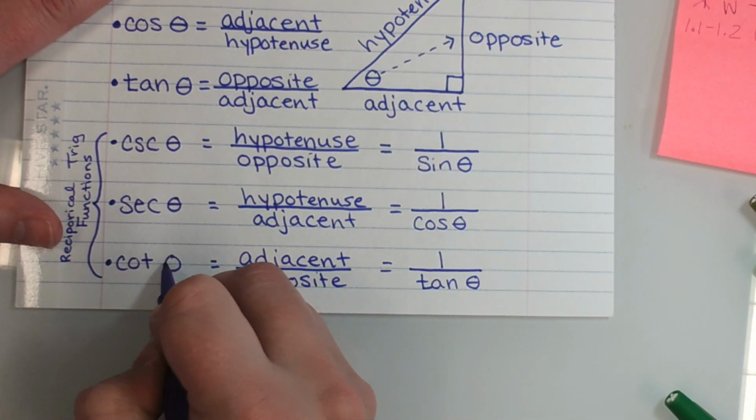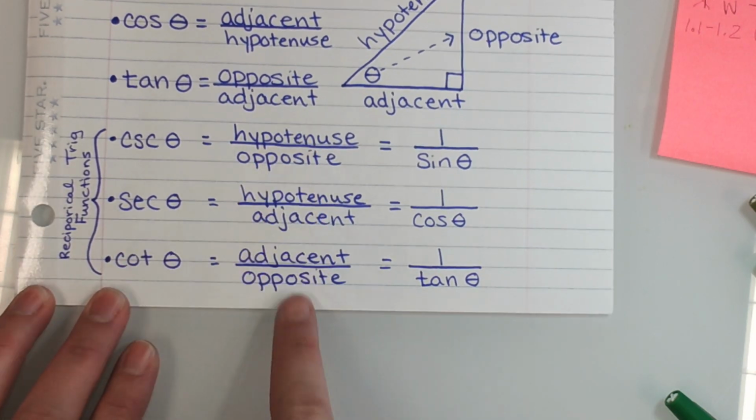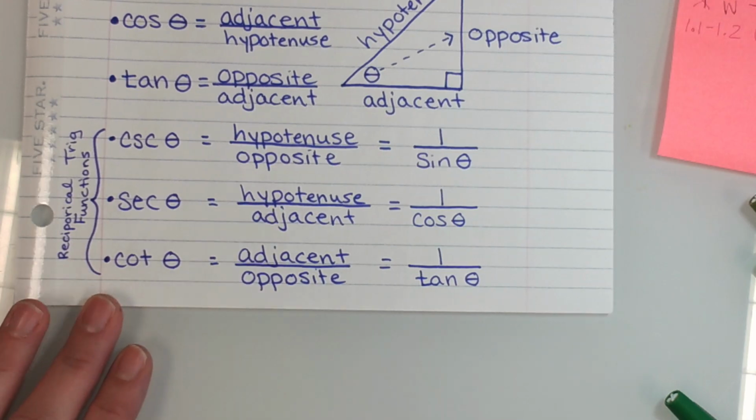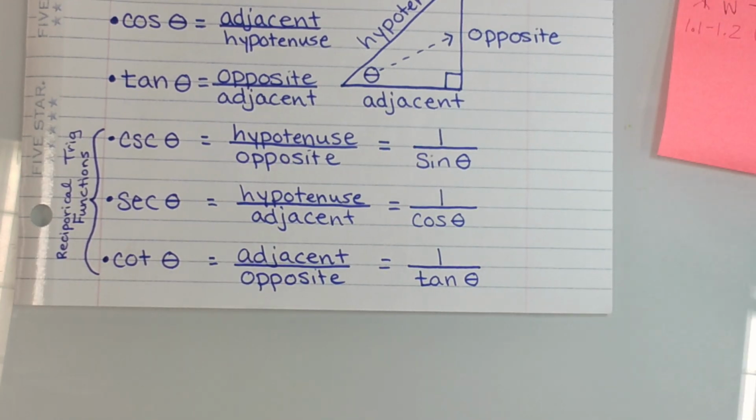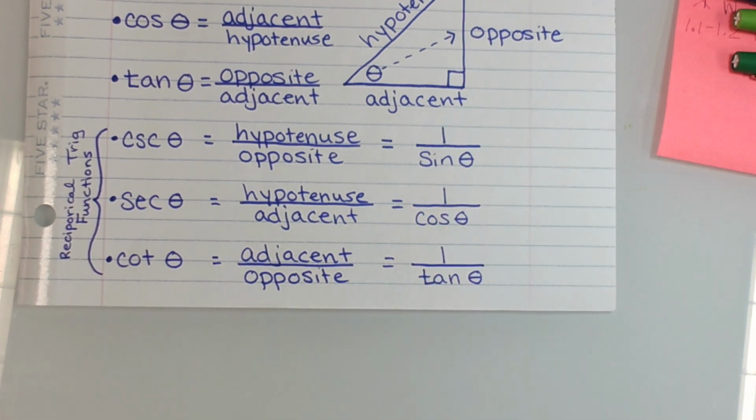Cotangent is adjacent over opposite. But as we continue through, you need to kind of move away from needing this for your reciprocals, because it's going to be a lot more powerful for you to know what it is the reciprocal of, and therefore which fraction you flip over.